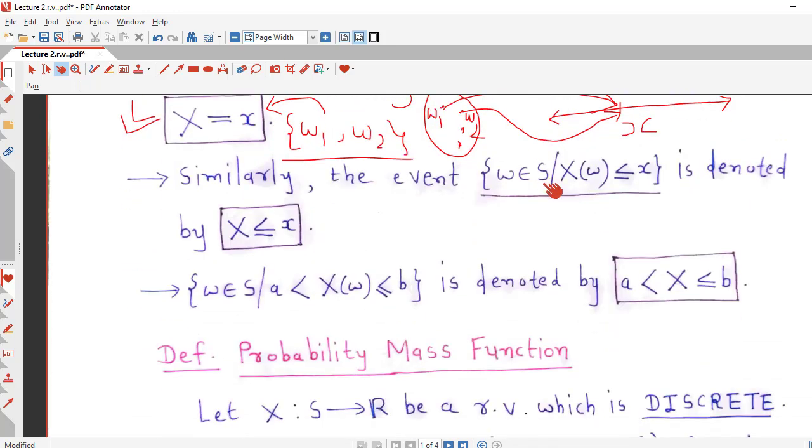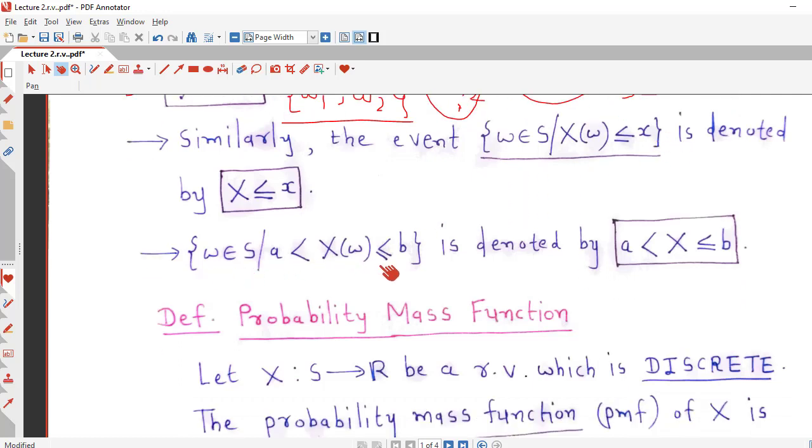Similarly, the set of outcomes in the sample space whose image is less than or equal to x is denoted by this notation, capital X less than or equal to x. So capital X less than or equal to x represents the event, omega belongs to S such that X of omega, that is the image of omega, is less than or equal to small x.